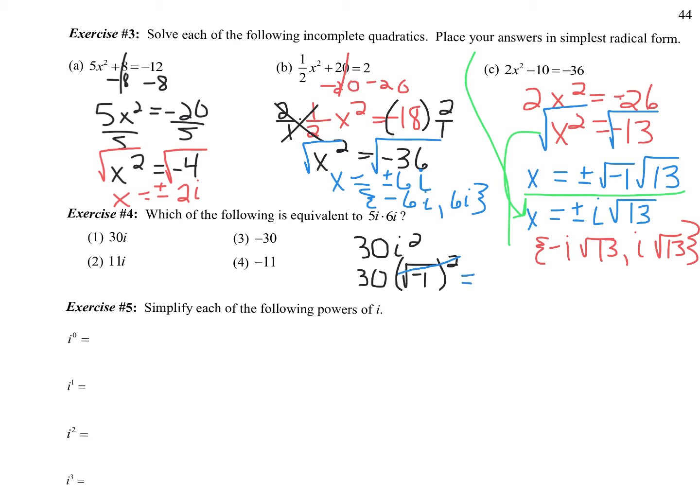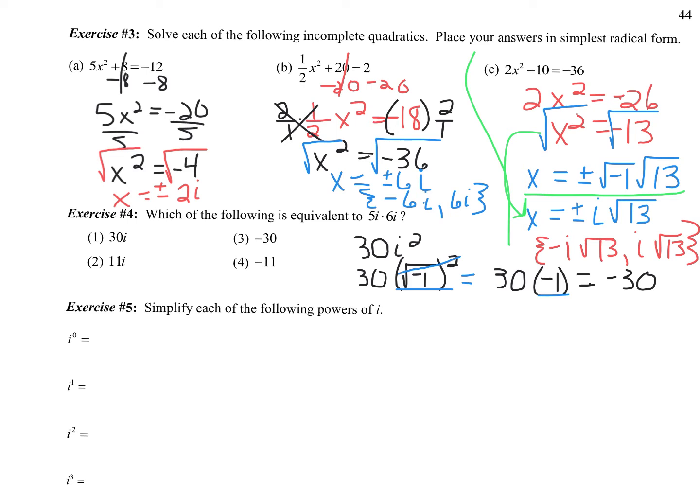So this is just equal to 30 times negative 1, which is negative 30. So that's one way we can tell that the square root of negative 1 squared, or i squared, is negative 1.